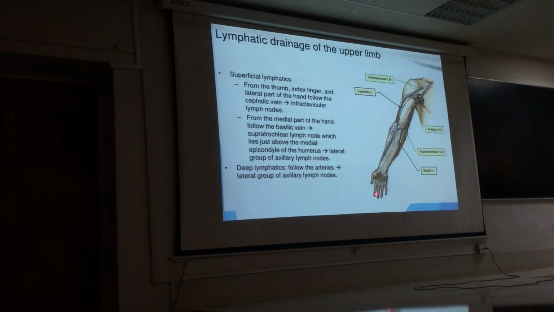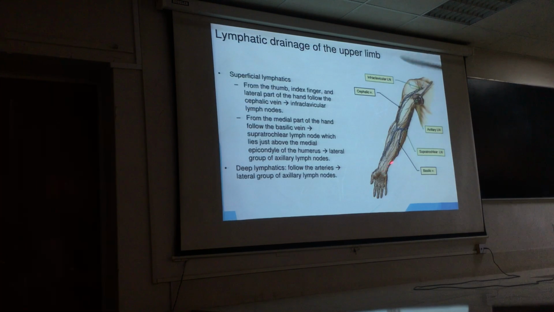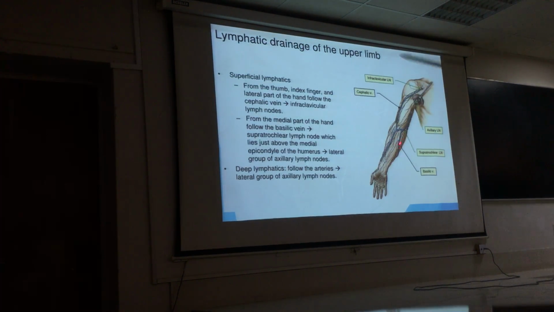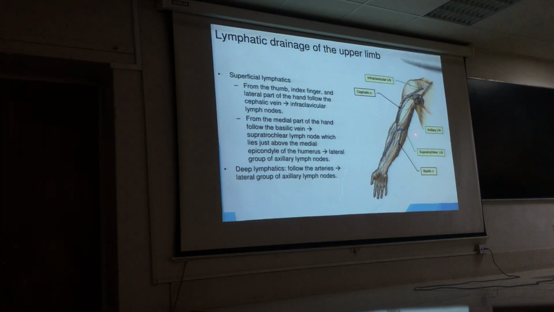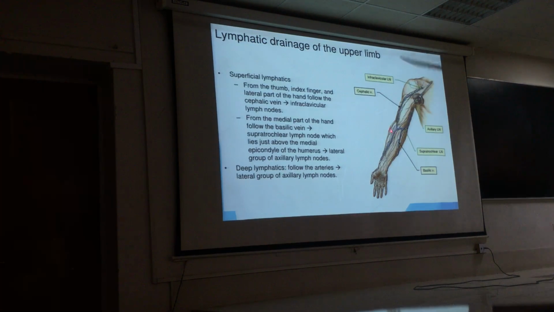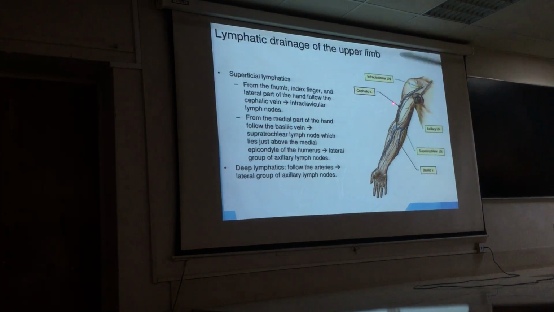Then we talk about the medial part. The medial part, I told you, involves the medial three fingers. From here, they follow the course of the basilic vein, and from here, they reach the medial epicondyle, where the cubital or the supratrochlear lymph nodes will be present. And from there, they will go and drain into the lateral group or the humeral group of the axillary lymph nodes.